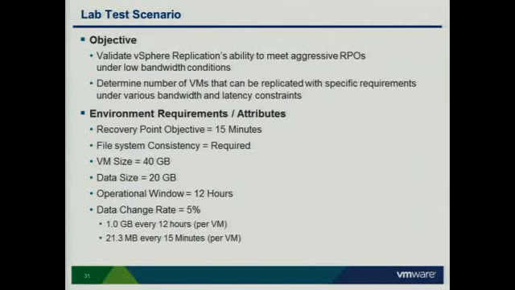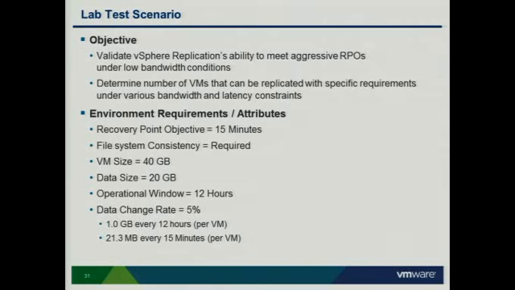So, just to wrap up, we did a lab test as part of developing this presentation. What we wanted to do was identify how vSphere Replication would behave under limited bandwidth scenarios and different degrees of latency, and also get a sense of how many virtual machines you could replicate under those bandwidth constraints.